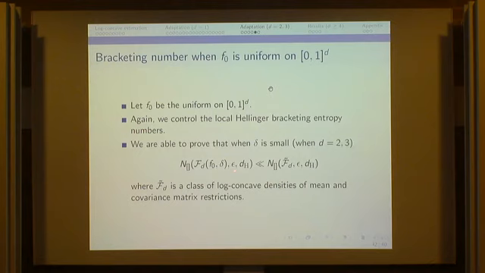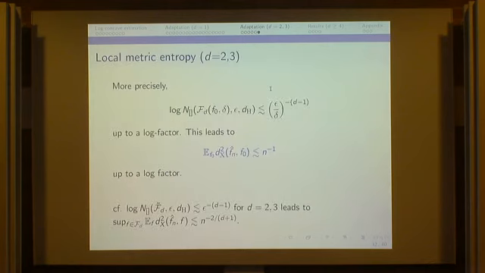The global number was obtained in a 2016 paper for dimension up to 3. We believe that the log bracketing number is about epsilon over delta to the power minus d minus 1, which gives us again a parametric rate. But this is not completely written yet, so we are working on writing it right now.